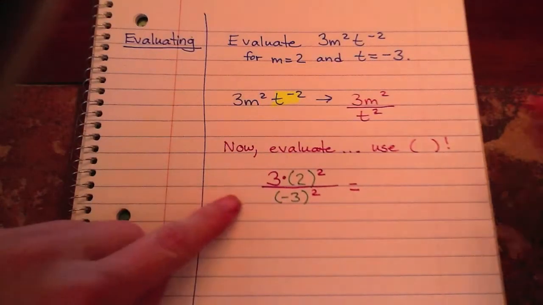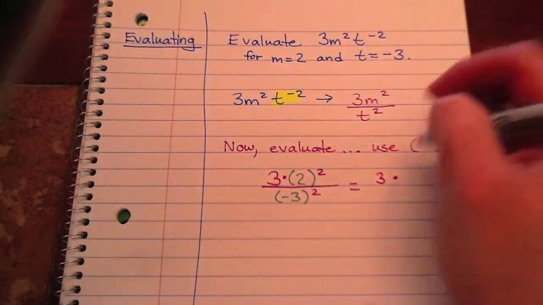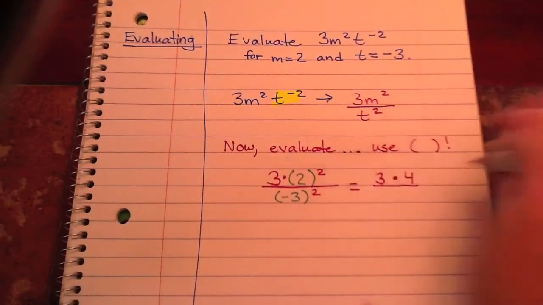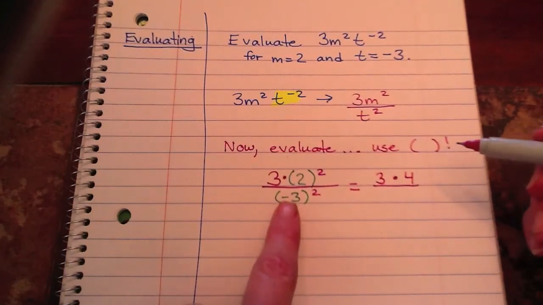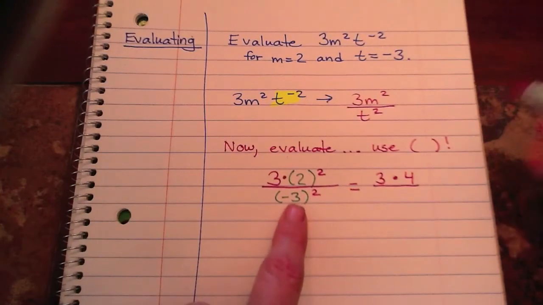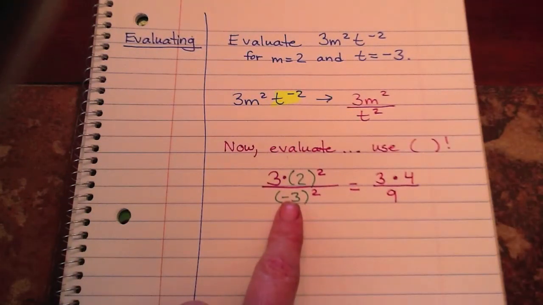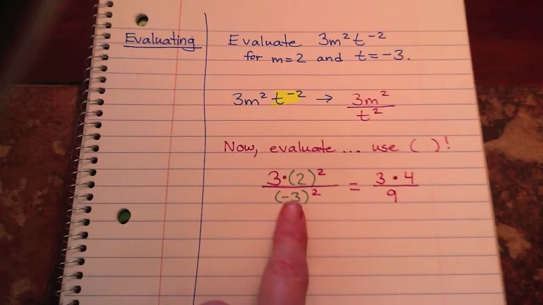Now you end up with 3 times 2 squared, which is 4, over, this is where those parentheses came in handy, because it's a negative times a negative, which is positive, 3 times 3, which is 9. If you did not put parentheses around that, then you should have had a negative 9 there, if you were following the rules correctly, and that would make it wrong. That's why it's important to use your parentheses when you're evaluating.